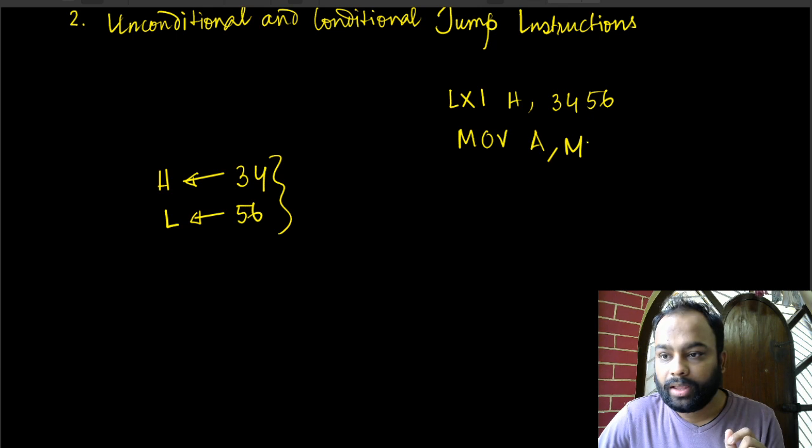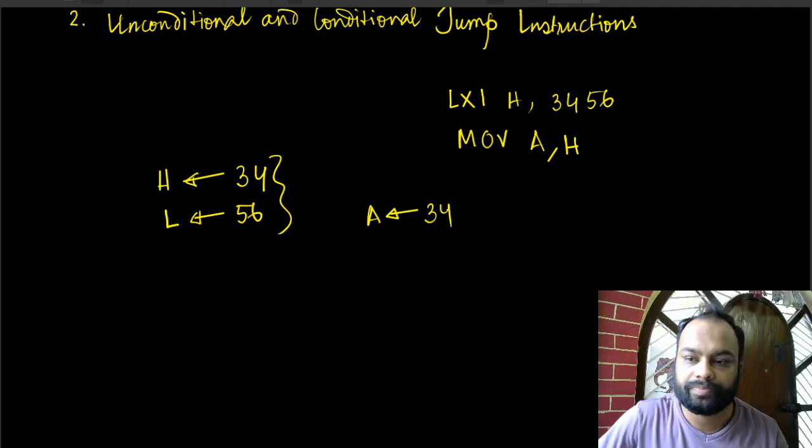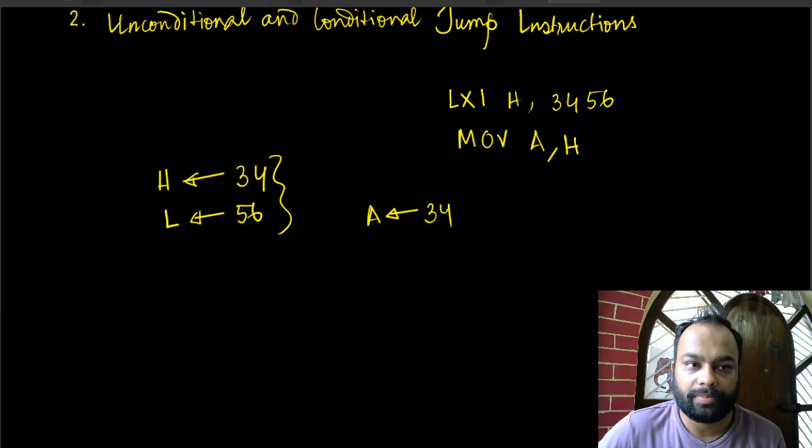But if I just do MOV A,H, what will happen? Just the content of the H register will be copied over to the accumulator. So the accumulator will now have 34, but that wasn't our intention, right? I think I answered your question.